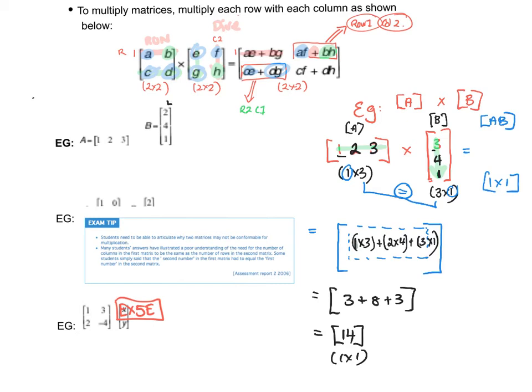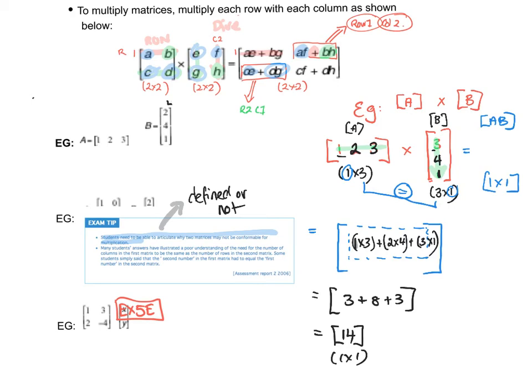That just means, down here, you need to be able to say whether it's defined or not. And you just say the number of columns in the first either does or does not match the number of rows in the second. So if it can't be done, you say because they don't match. If it can be done, you say they do equal.